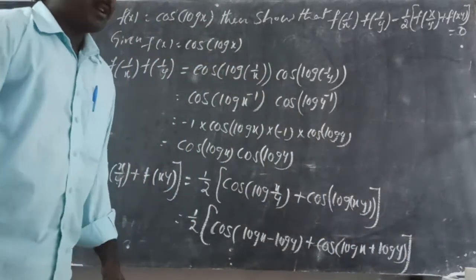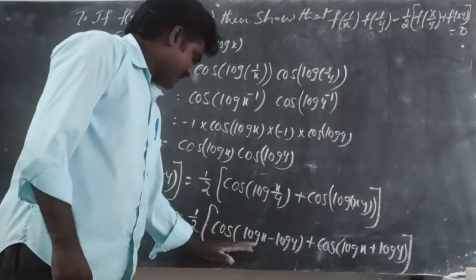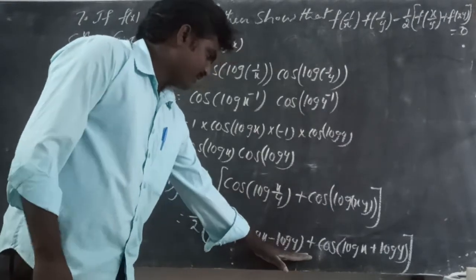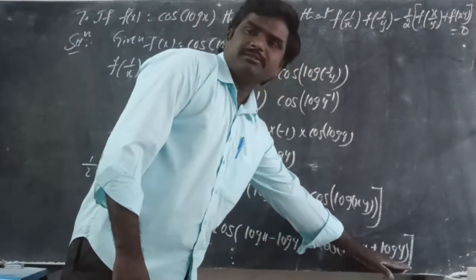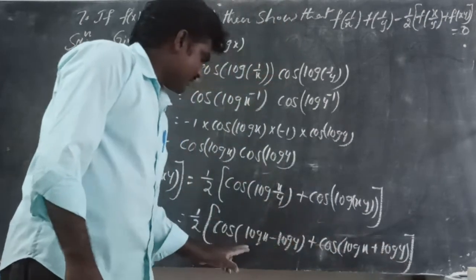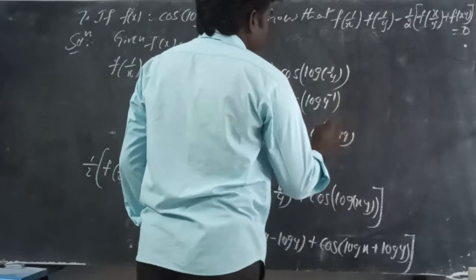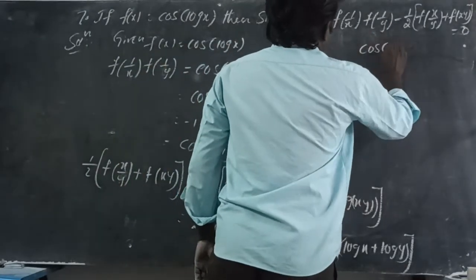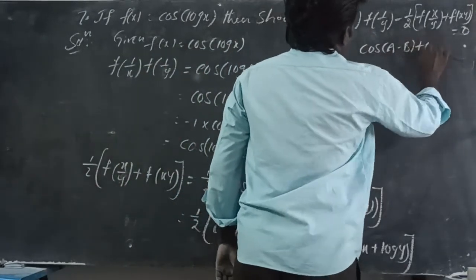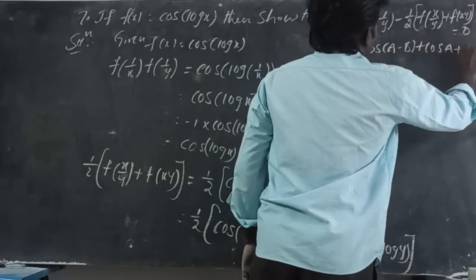Here it is in the form cos(A − B) + cos(A + B).